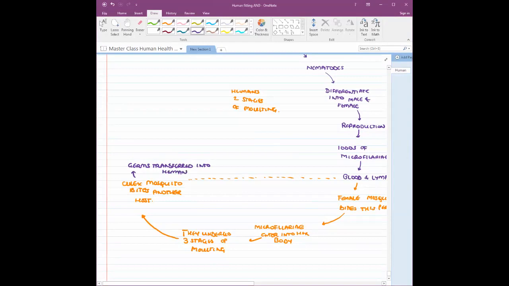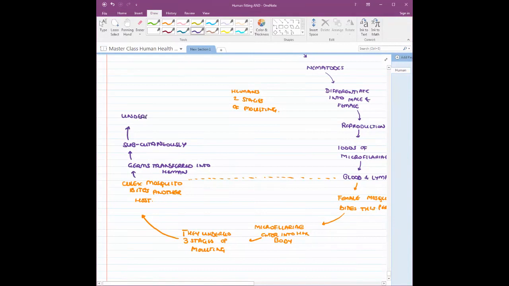They are transferred subcutaneously, because the mosquito bites and the proboscis goes under the skin.